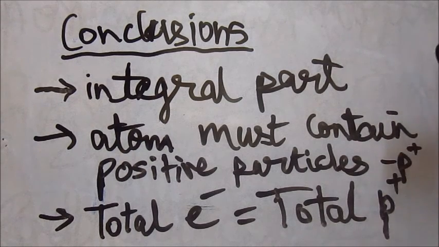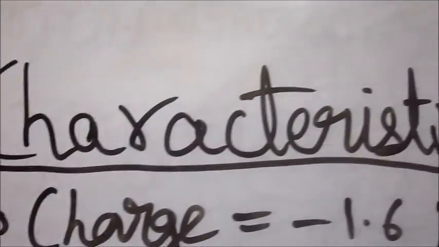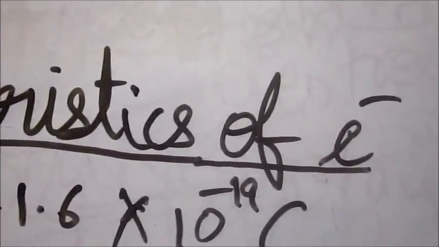Next, since atoms are electrically neutral, therefore an atom must contain another kind of particles which are positively charged, and they named it as protons. Now, the total negative charge on the electrons of an atom must be equal to the total positive charge on the protons.